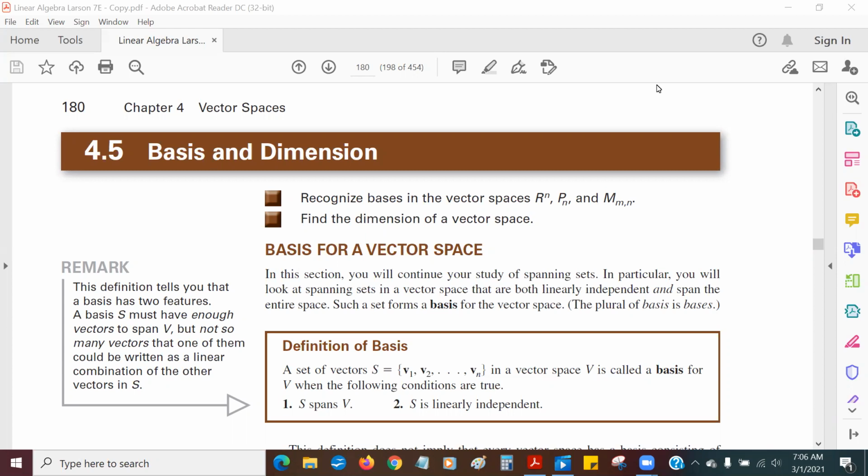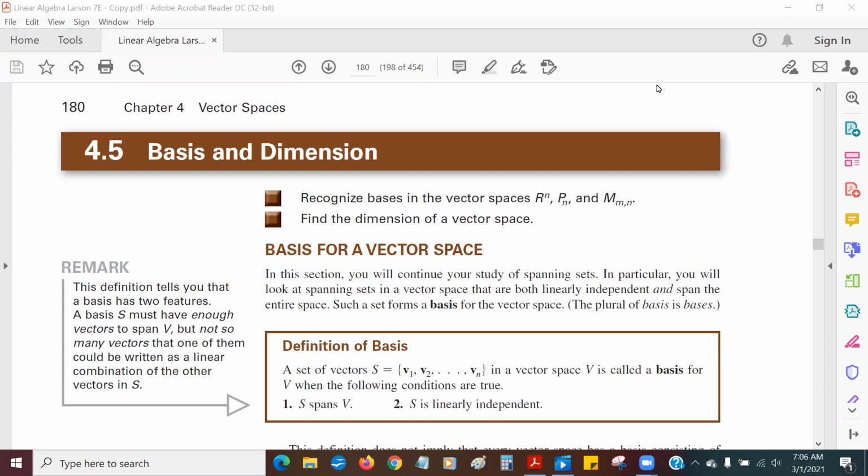A basis has to have enough vectors to span the vector space, but not so many vectors that one of them could be written as a linear combo of the other. So in a way, it's kind of like an efficient set. It's just the right size. If it's too small, it might not span the whole vector space. If it's too big, then it could have more than enough to span the vector space.